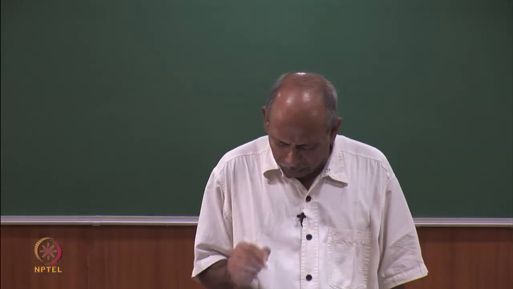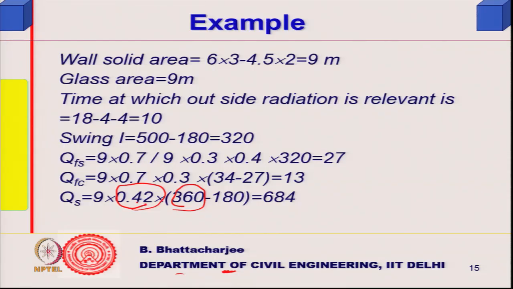So, 360 minus 180, 0.42 is the solar gain factor, 9 is the area, and A theta I fluctuating is equal to 684. So, this QS stands for direct solar gain through glass.